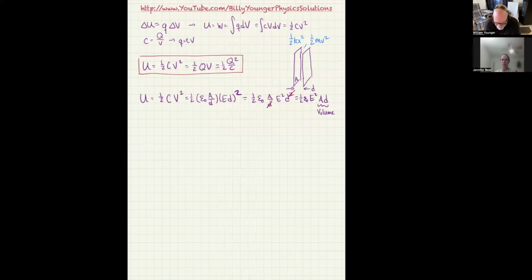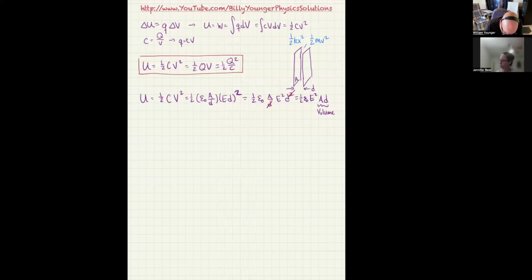So the strongest part of the electric field is definitely between the plates, and it's fairly uniform. The electric field gets quite a bit weaker outside of the plates. So it might be reasonable to think that A times D is the vast majority of the volume of the electric field established by the capacitor.